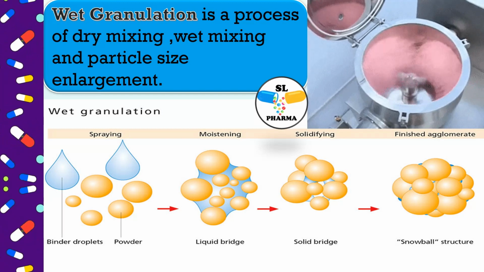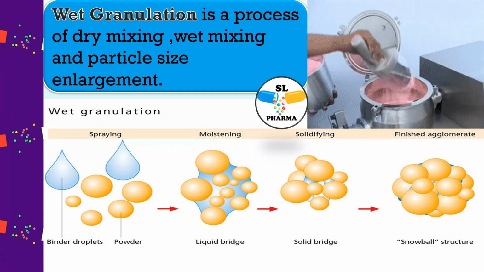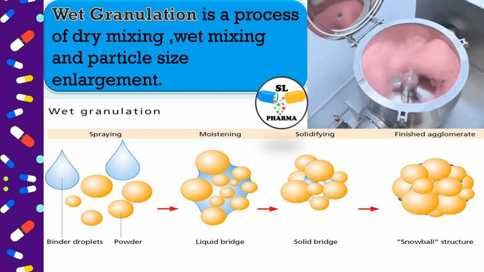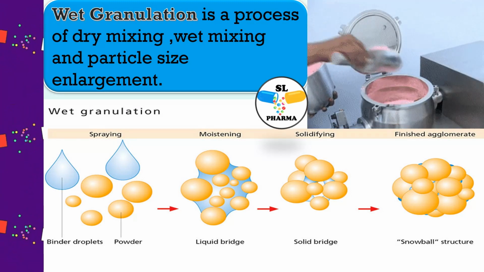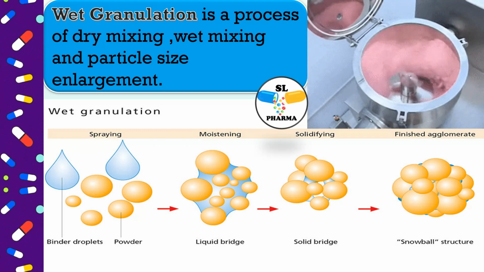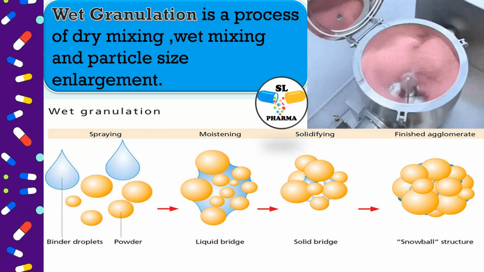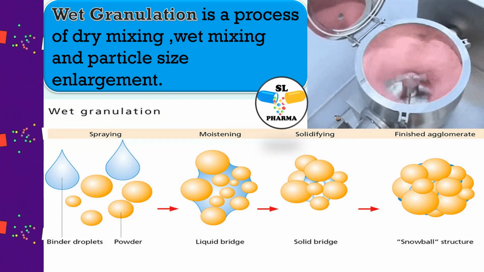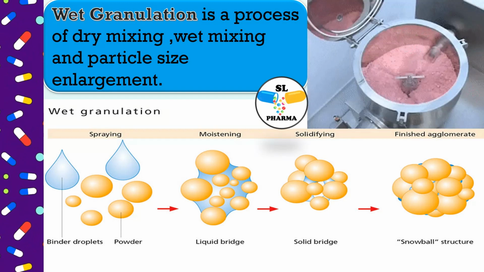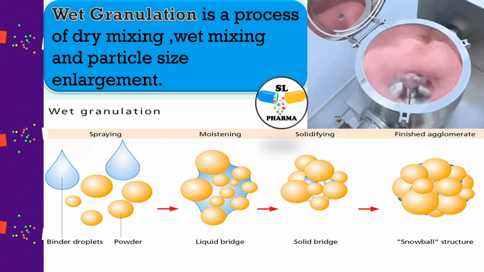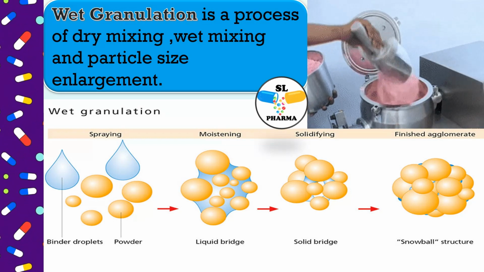The binder causes the powders to agglomerate and form a wet mass or wet granules. They form wet granules that are larger and more cohesive than the individual powder particles. The wet granules are typically softer and more easily compressible than the dry powders, which makes them suitable for downstream processes such as tablet compression.